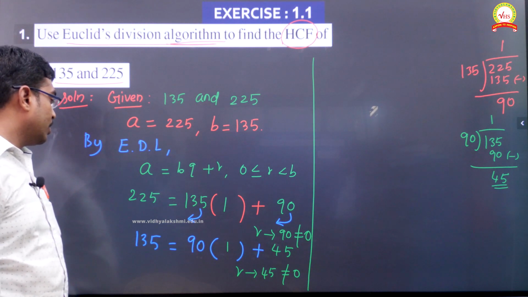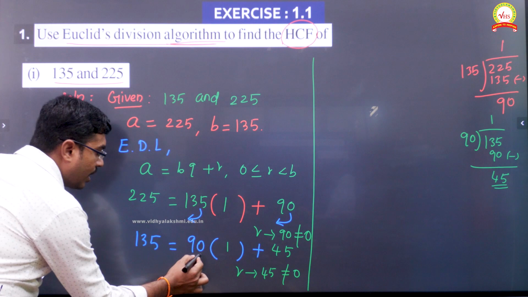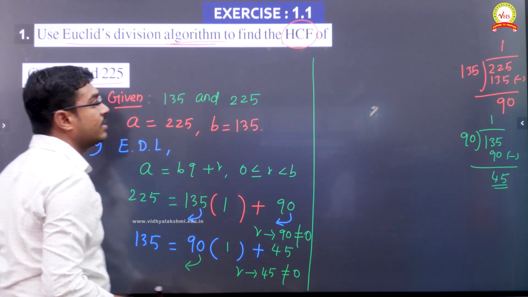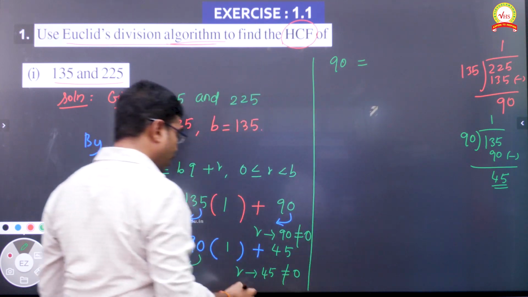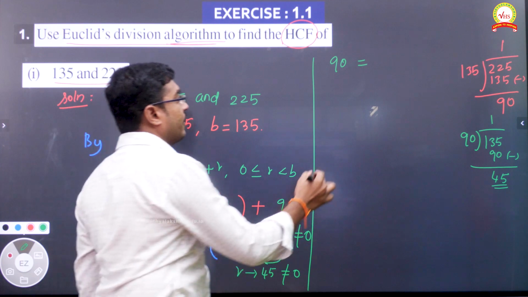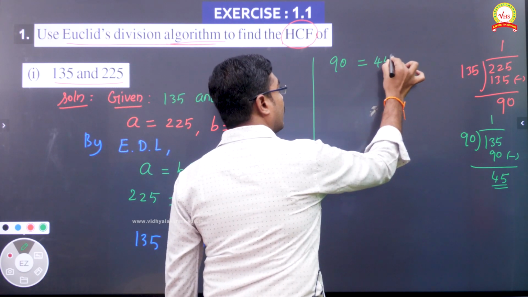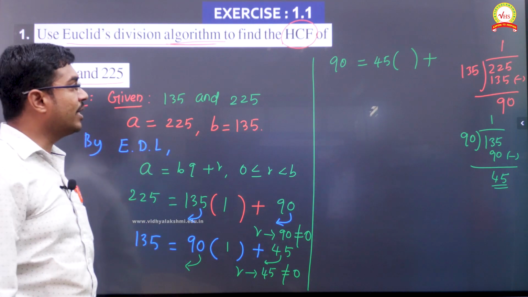Is it? So again we will do the process. Okay. I am going to take 90 as dividend, and 45 comes to divisor. So 45. We need to find quotient and remainder. So what is the quotient?